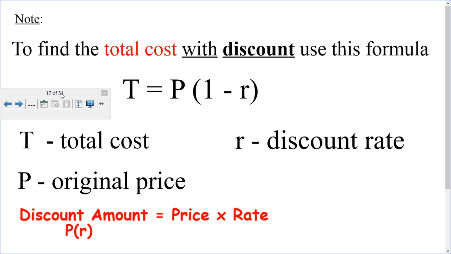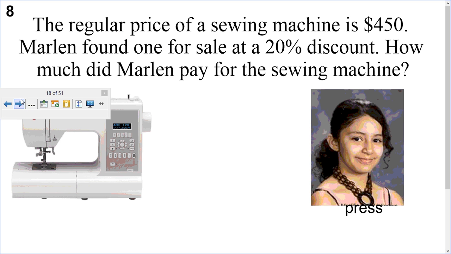And there's something called the discount amount. That's the amount of money that you save. So if anybody would ask you what's the amount of discount, how much money would you save, that's the discount amount. You would find that by multiplying the price times the rate of the discount. That's the PR.